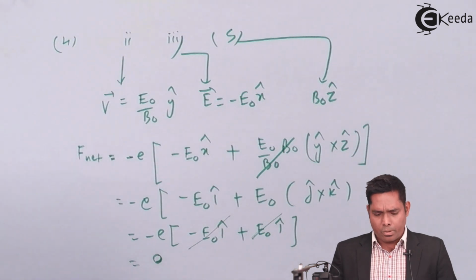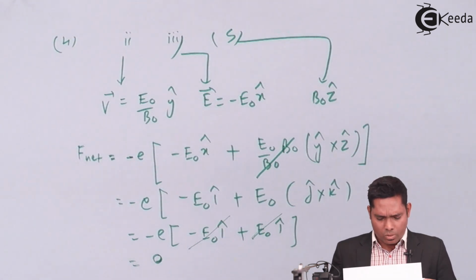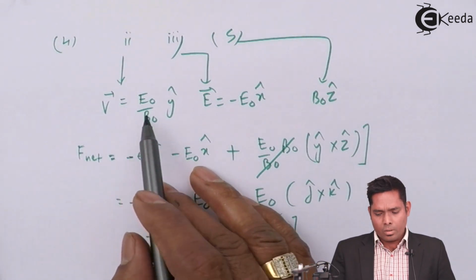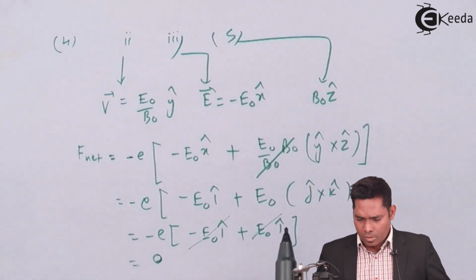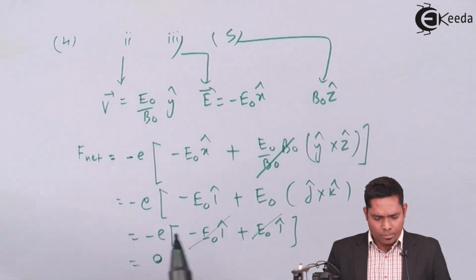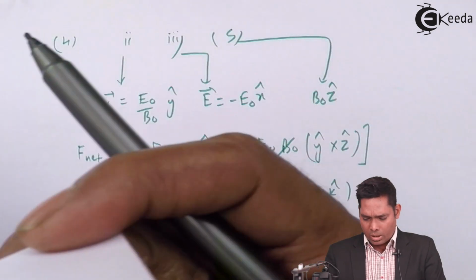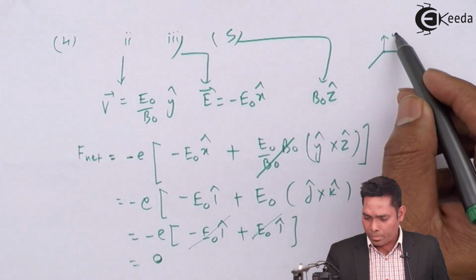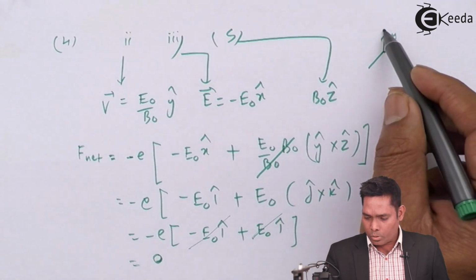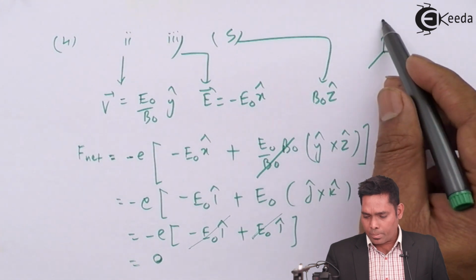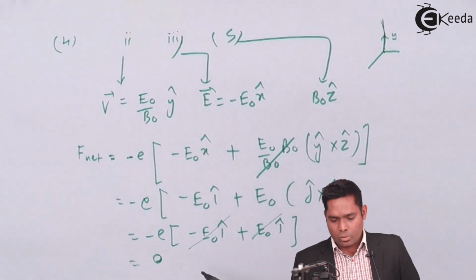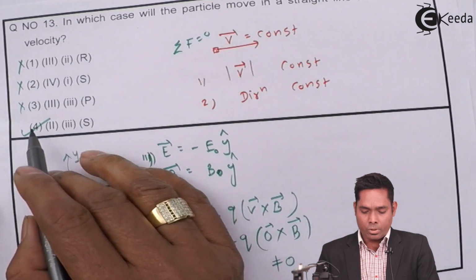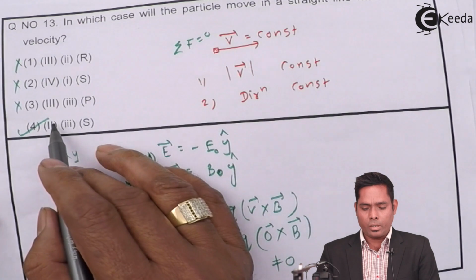If it is projected with a certain velocity in the y cap direction, it will continue to move with the same speed in the same straight line. So that is how the body will move. So the option number 4 is correct. Okay, thank you.